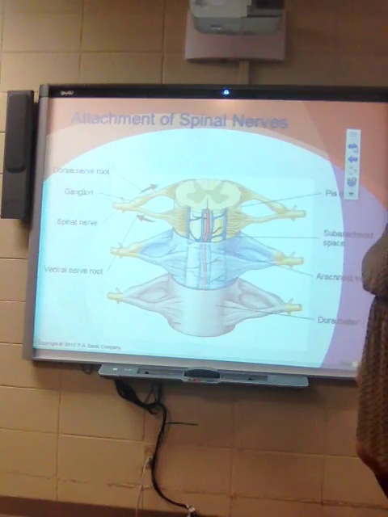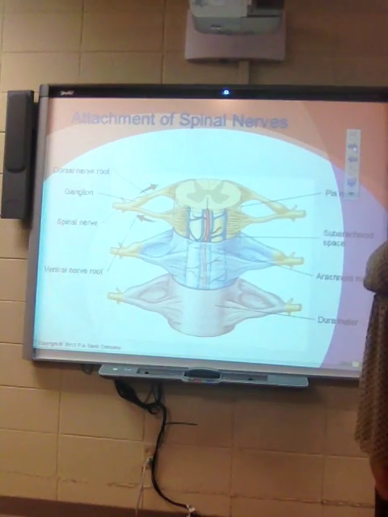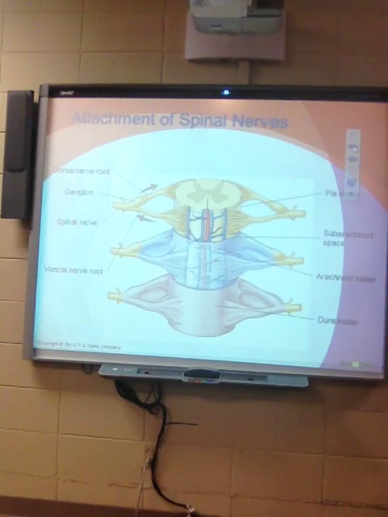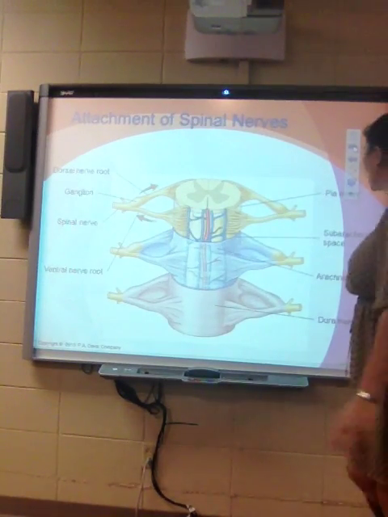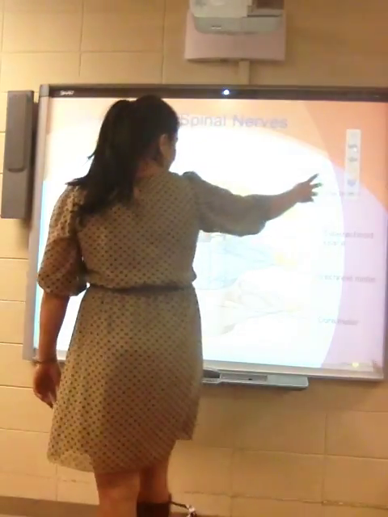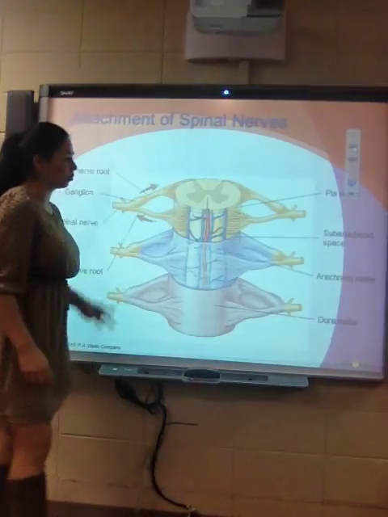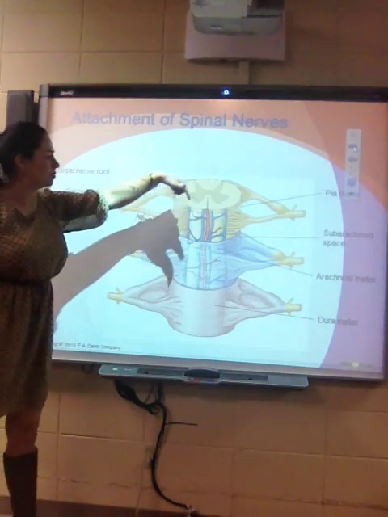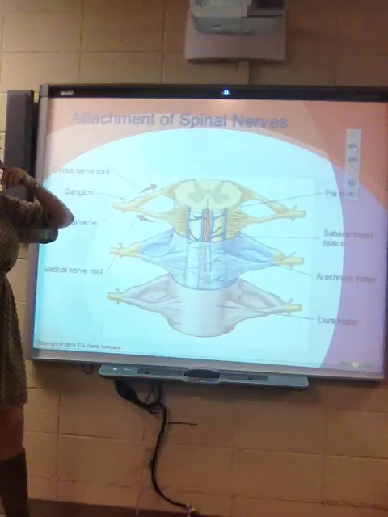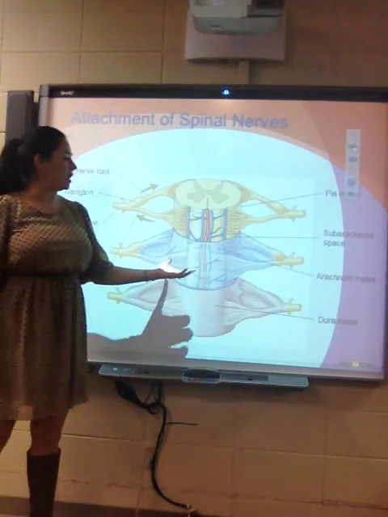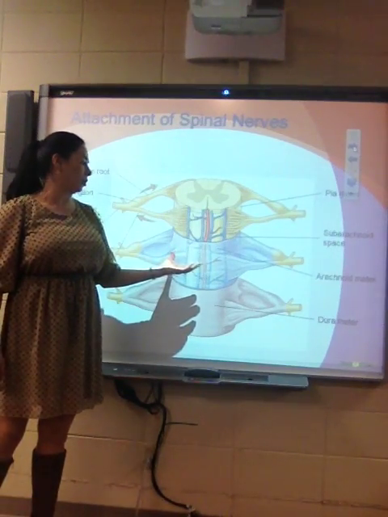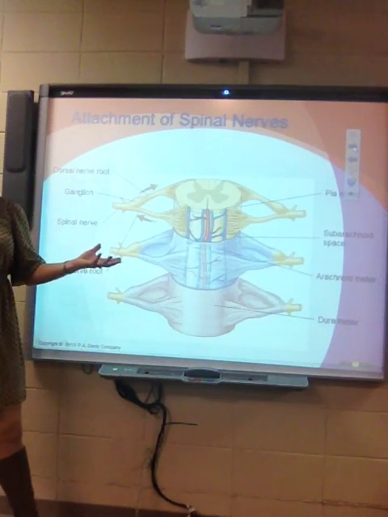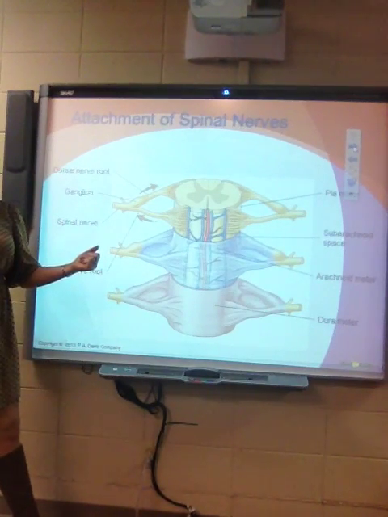Okay, so with that being said, you have some membranes that we're going to see again when we talk about the brain. Looking at the spinal cord, you have three membranes. Pia mater sits right on top of the spinal cord. That's the same with the brain. And then you have an arachnoid mater. Arachnoid sounds like what? Spiders.